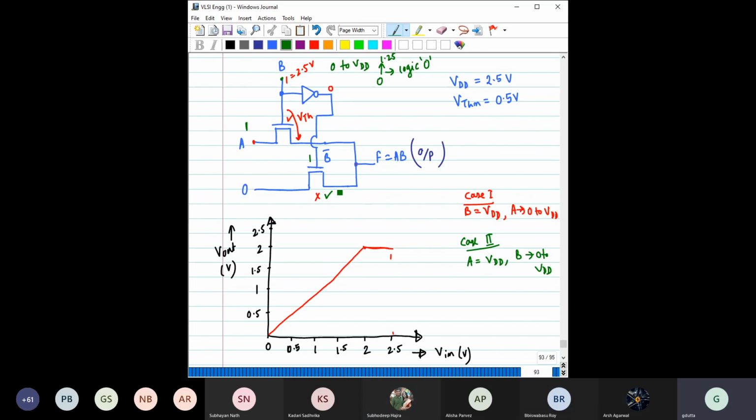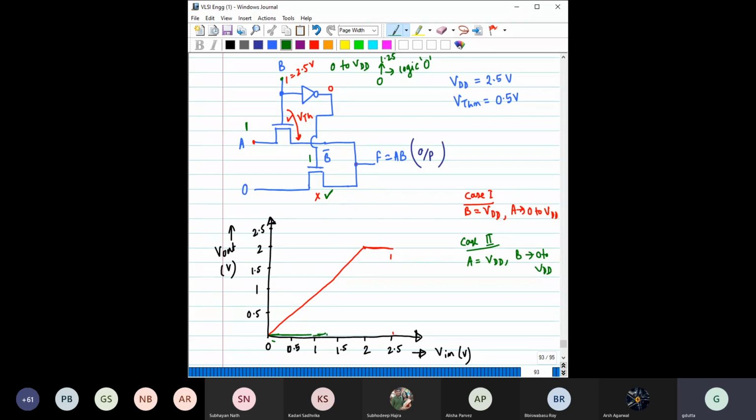Okay, let us focus and discuss one by one. This transistor is on, and this is already zero, so it is shorted with this zero. So till around 1.25 volt the output would be near about zero.